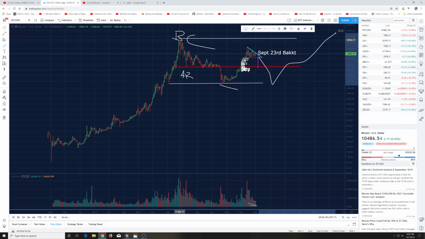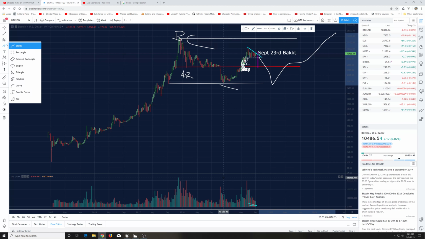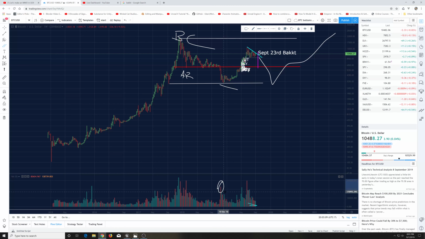But as far as Wyckoff goes, we have our buying climax, our automatic rally. It comes down here and it tests the supply low to see if there's any sellers. One thing to note here is that there were a lot of sellers. Okay, look at the volume. There were a ton of sellers when it was down here, so it pushed it way down.